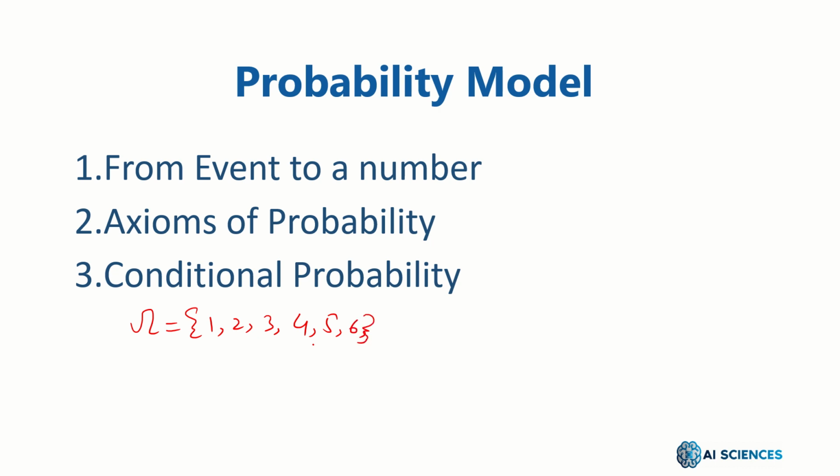Assume event E_i is simply i, where i varies from 1 to 6. And further assume all the outcomes are equally likely, which means each is 1 over 6. So the chances that 1 appears is 1 over 6, the chances that 2 appears is 1 over 6, the chances that 3 appears is 1 over 6, and so on.